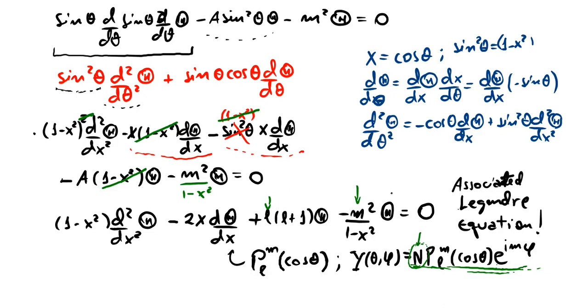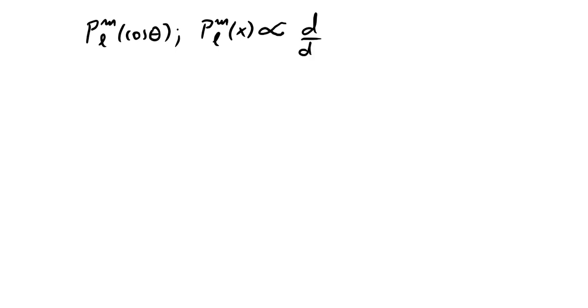When you look for the solutions for the associated Legendre polynomials, you get P_L^m of cosine of theta, or you can rewrite it as P_L^m of x. If you look for the Rodrigues formula for this, it is proportional to a derivative of the actual Legendre polynomial, not the associated one, P_L of x.